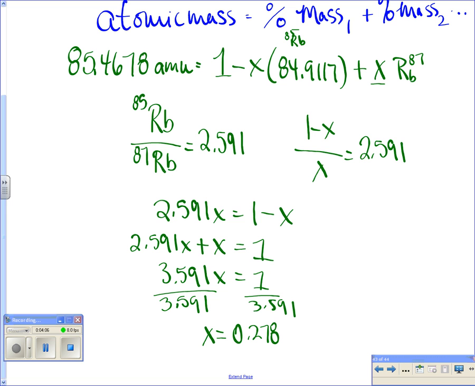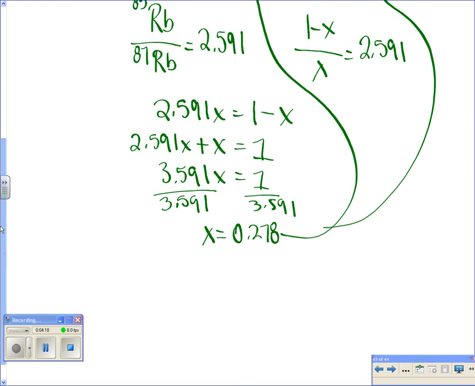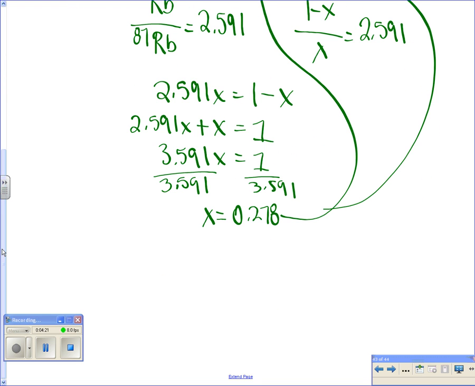Which makes it very nice, because now all I have to do is plug that in and start doing some algebra, and I think I will be able to find the rubidium value. So if x is equal to 0.278, then 1 minus x is equal to 0.722.